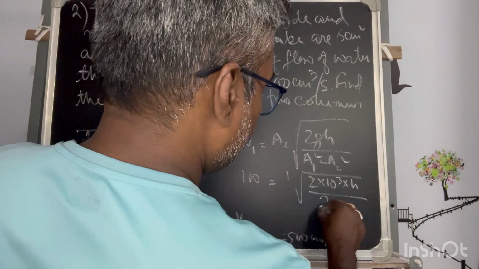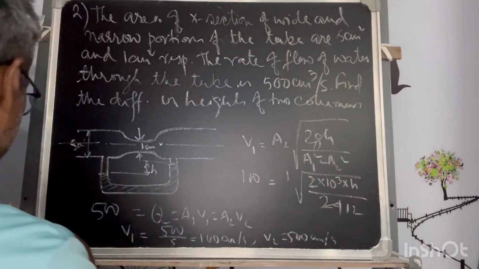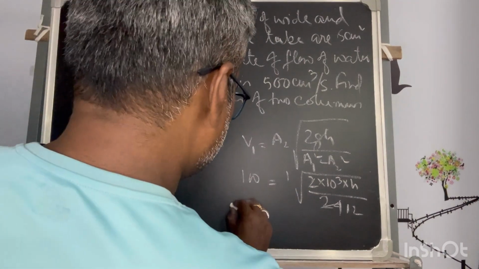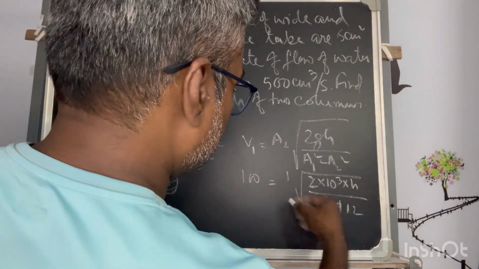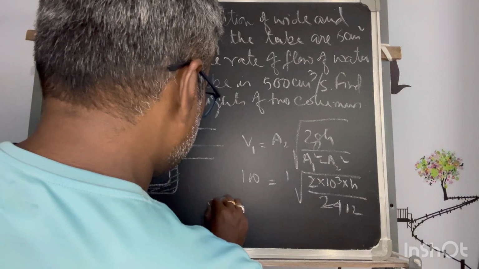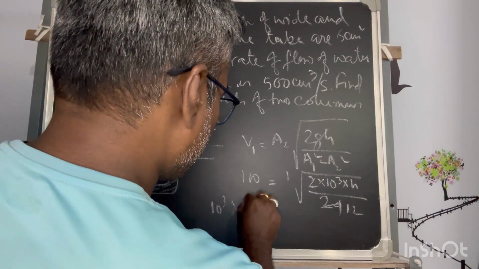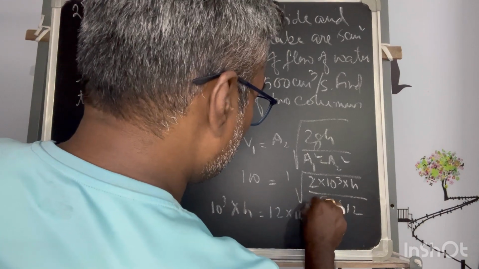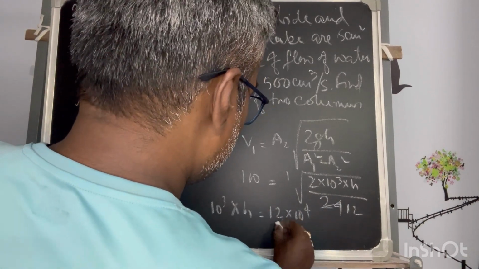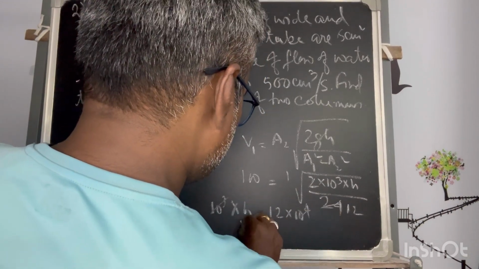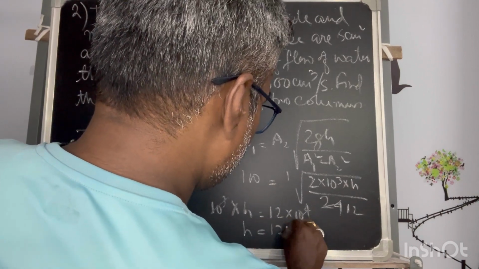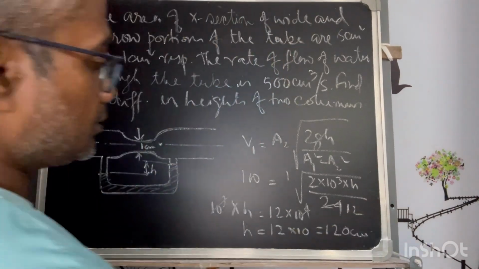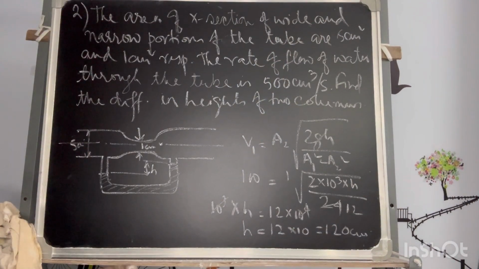Okay, so this will be 12. So anyhow you have to do the square. So this 10 cube into h is equal to 12 square, 12 into 10 to the power 4 will come this side, because this will be squared up. So this will cut. h is equal to 12 into 10, that is equal to 120 centimeter will be the answer. Understand?